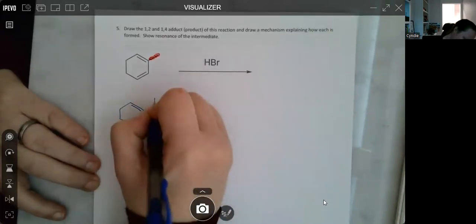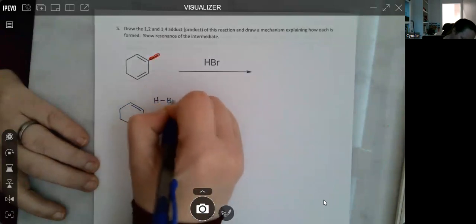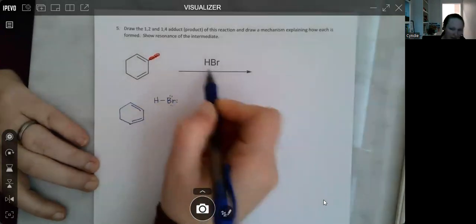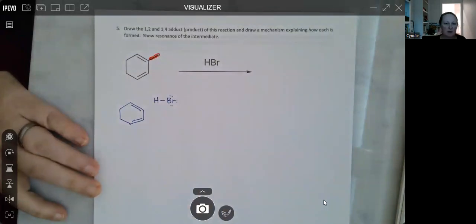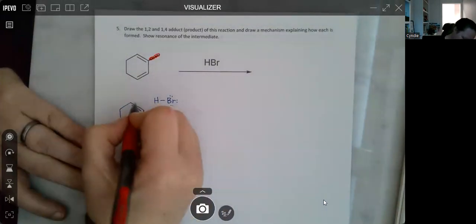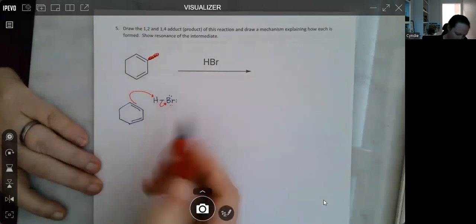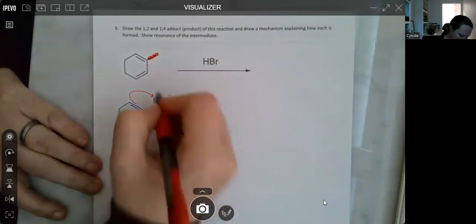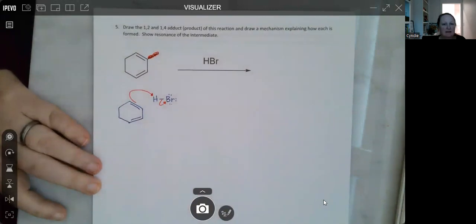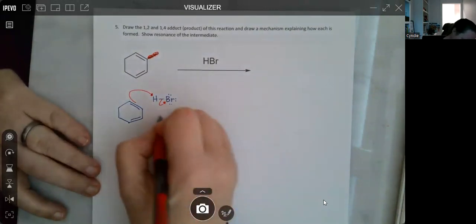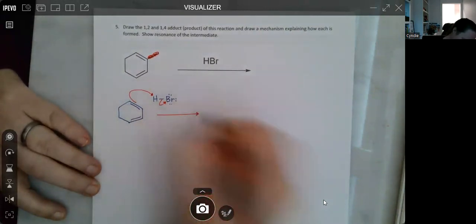And I'm going to draw out HBr where I can see the bond between the hydrogen and bromine. That's important because as I draw this proton transfer, I need to be able to draw the arrow starting from that bond. So it is super important that I draw that bond in.